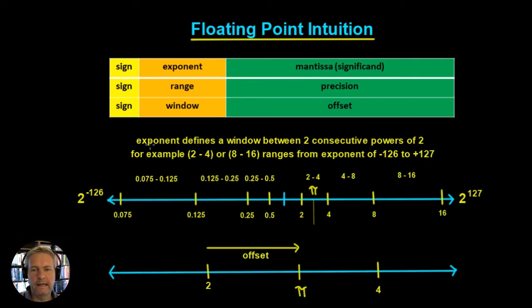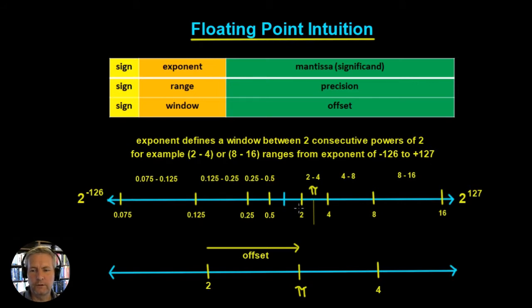We know that the exponent is going to define the powers of 2. So for example, the exponent is going to run from 2 to the plus 127 down to 2 to the minus 126. So let's say we split this line into the respective windows.